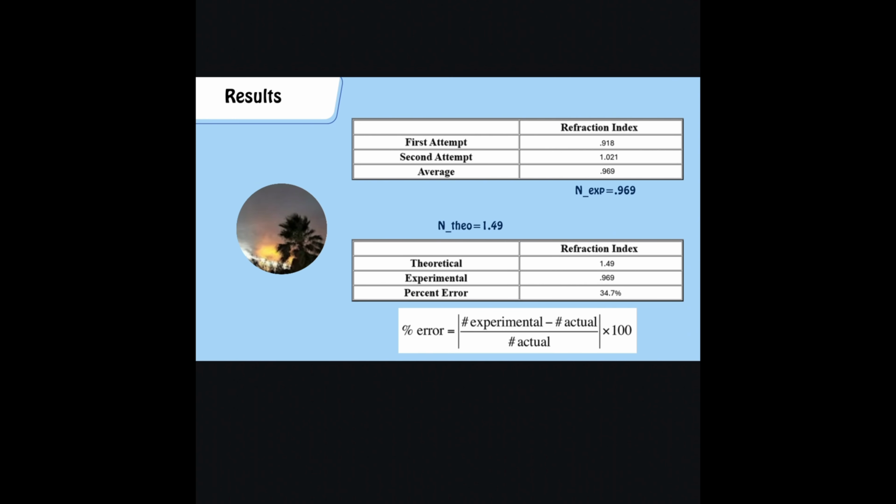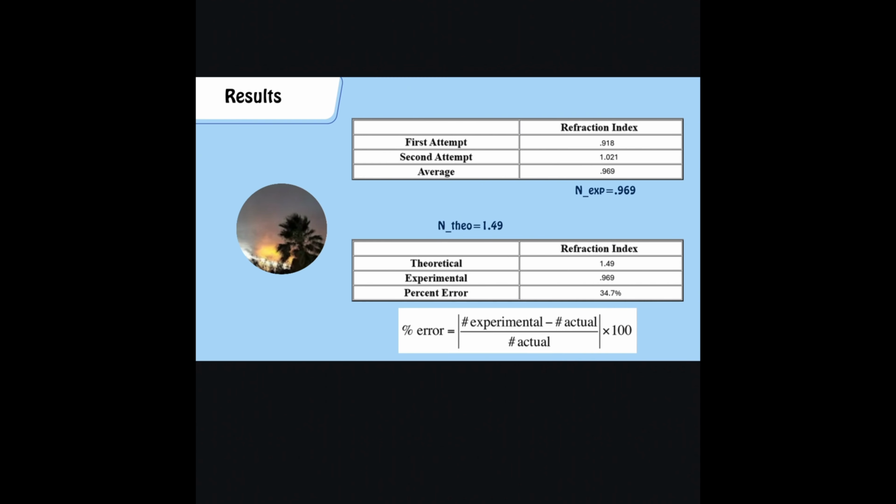So after getting the two different indices from two different attempts, which were conducted at two different angles, we averaged those two out, which gave us 0.969. We used that as our experimental index. On the other hand, our theoretical index is 1.49, or close to 1.5.